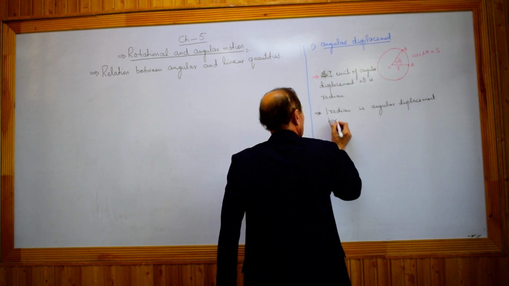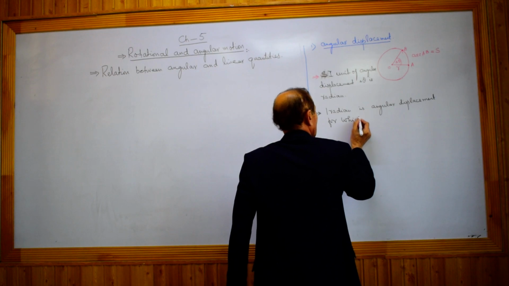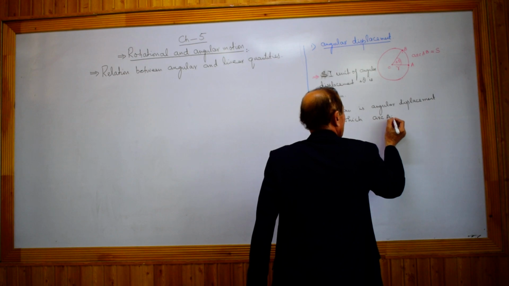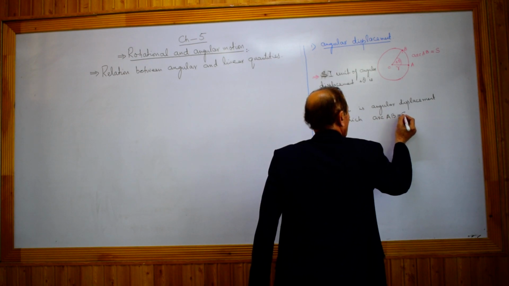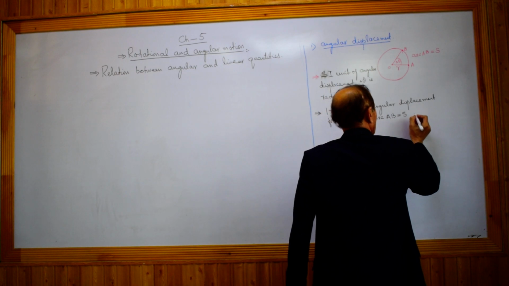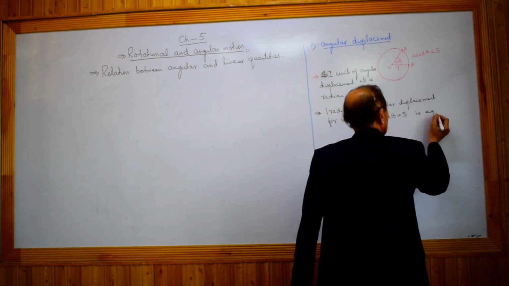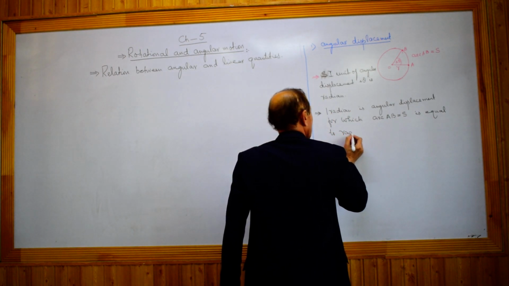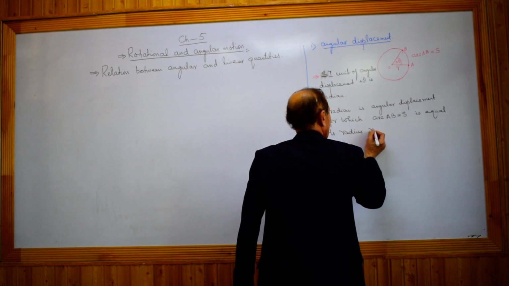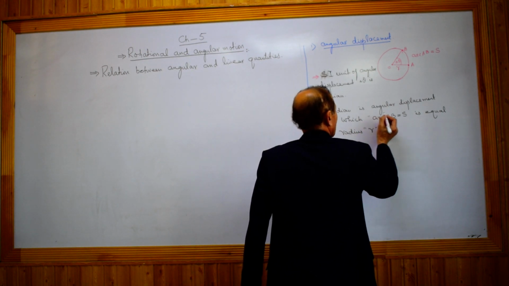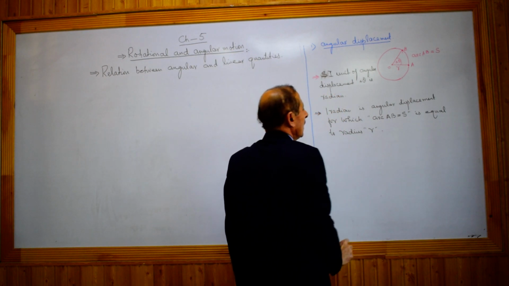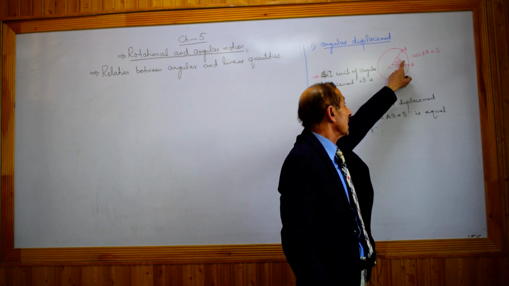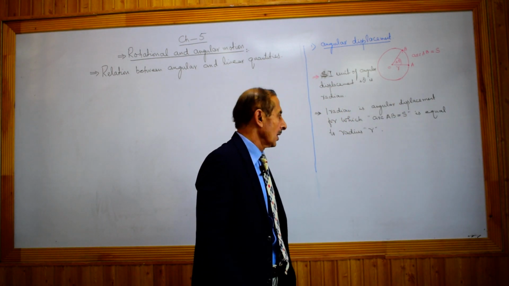for which the length of arc AB, which is equal to S, is equal to radius R. So when the length of the arc is equal to the radius of the circular path, then this theta will be equal to 1 radian.